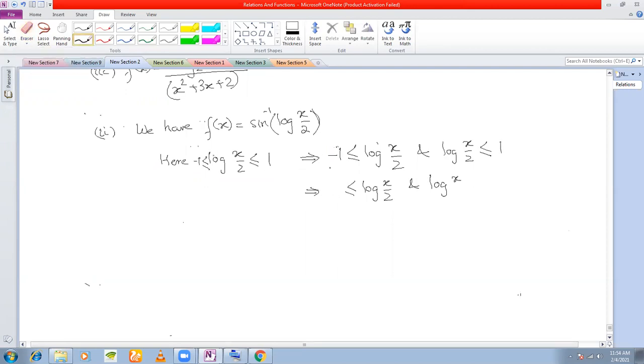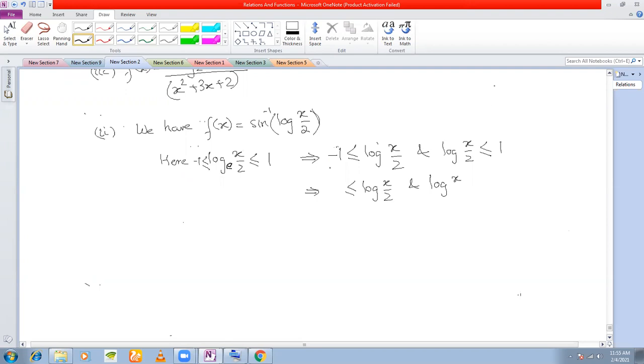Because I don't know if I have mentioned this to you, from now on, whenever we talk about logs, we'll be talking about natural logs with the base e. Whatever we did in class 9, those were called common log. I think I mentioned this to you in class 9. The base was 10 there. Here, whenever we are talking about logs, we'll consider natural logs only.